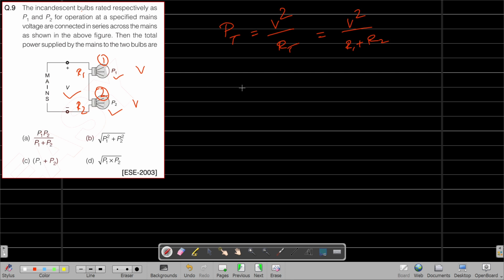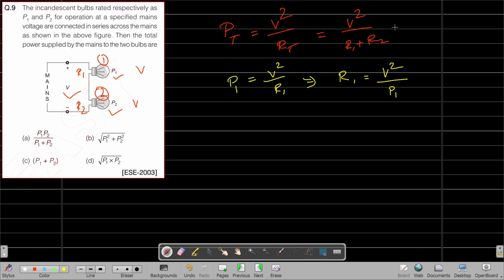As we know, power P1 is equal to V square upon R1. If we rearrange it, we get R1 equals V square upon P1.